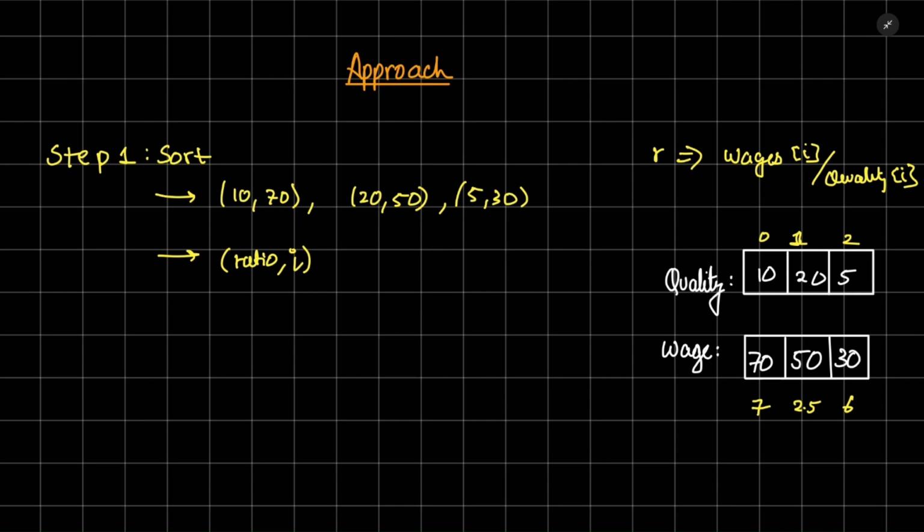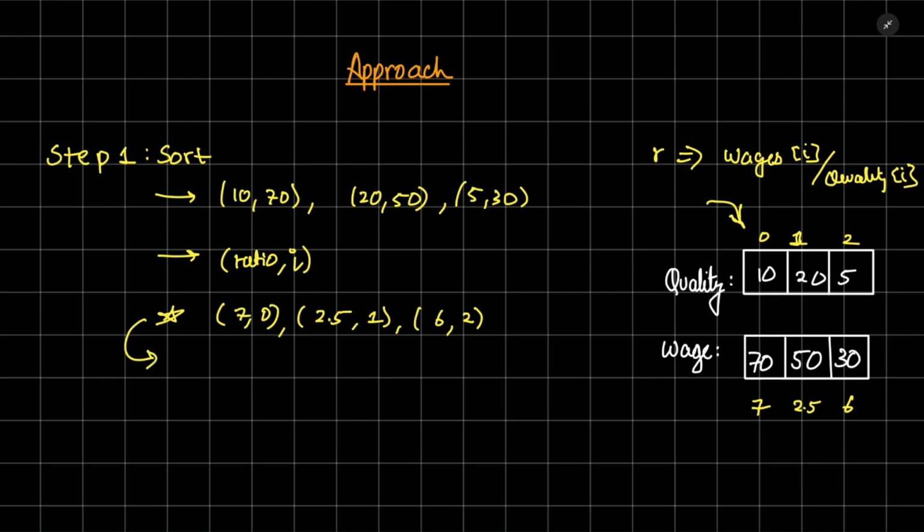So how are we going to do it? We will traverse from here, and the first ratio is 7 and the index is 0 for that worker. For the second one, it is 2.5 and the index is 1, and then we have 6 and the index is 2. And now as we have gotten this, we will sort this according to the ratio.